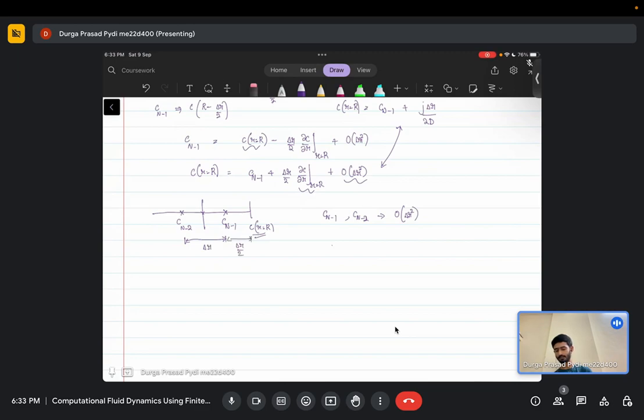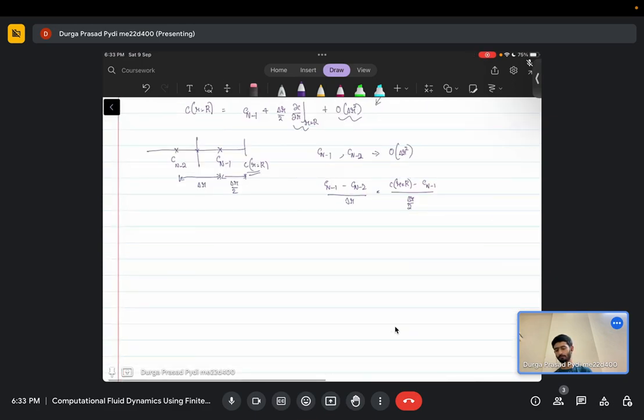So I can write this as Cn minus 1 minus Cn minus 2 by delta r to be equal to r minus, if I just use a linear approximation, so that would give me C at r equals to r equals 2 times Cn minus 1 minus Cn minus 2 by 2.